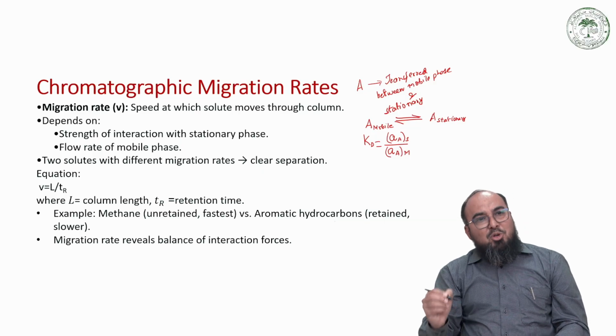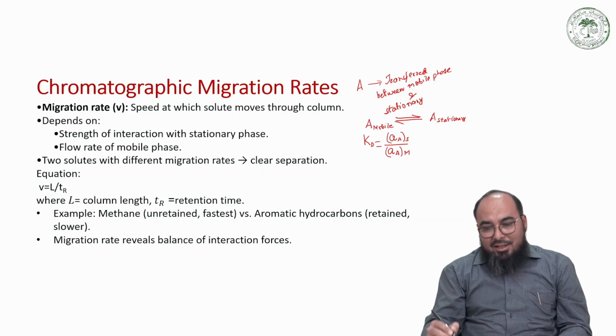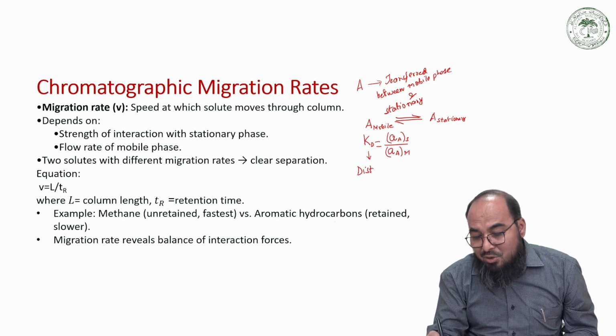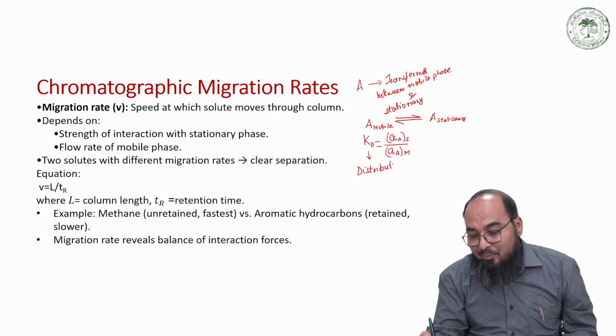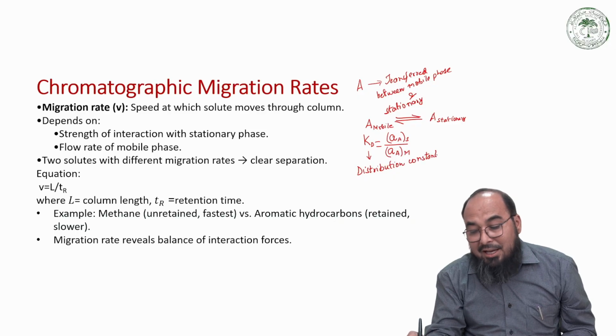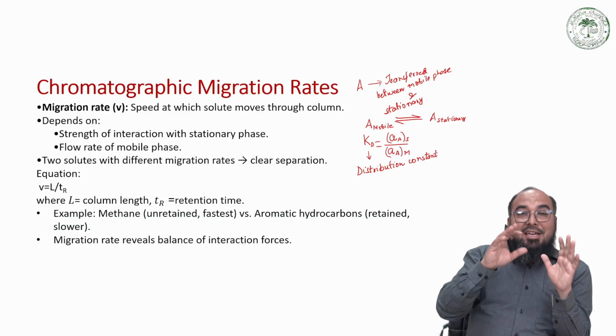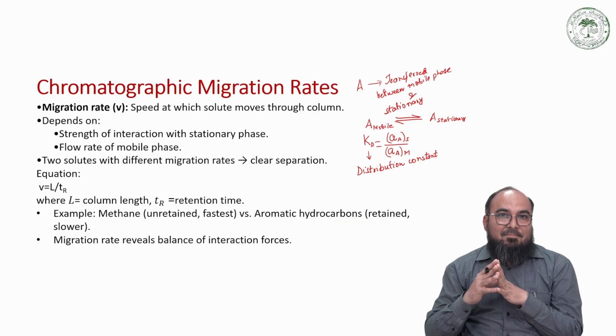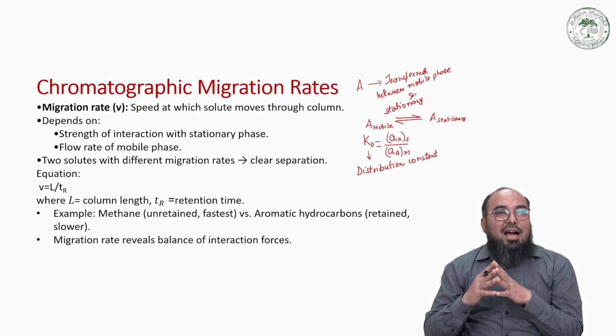Since it's a distribution, we call it the distribution constant. And this Kd is very unique for each chromatographic separation. This is something you can say is a characteristic of any chromatographic separation.